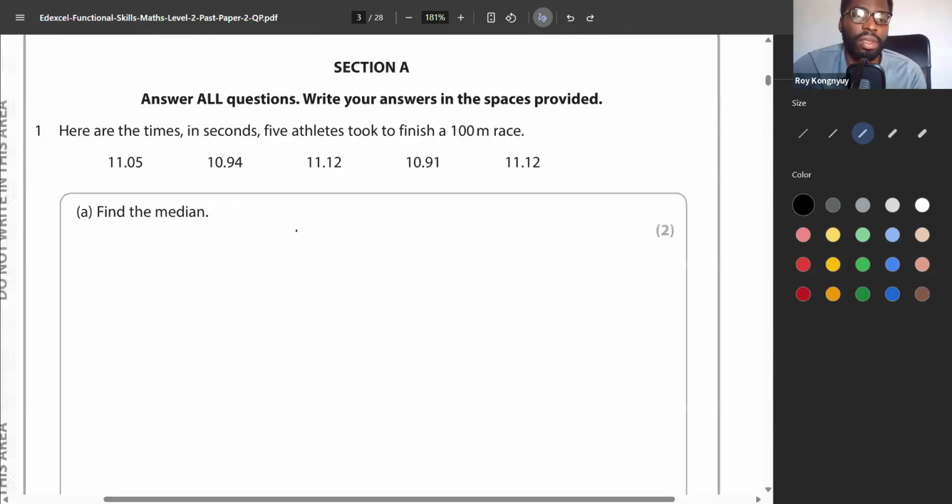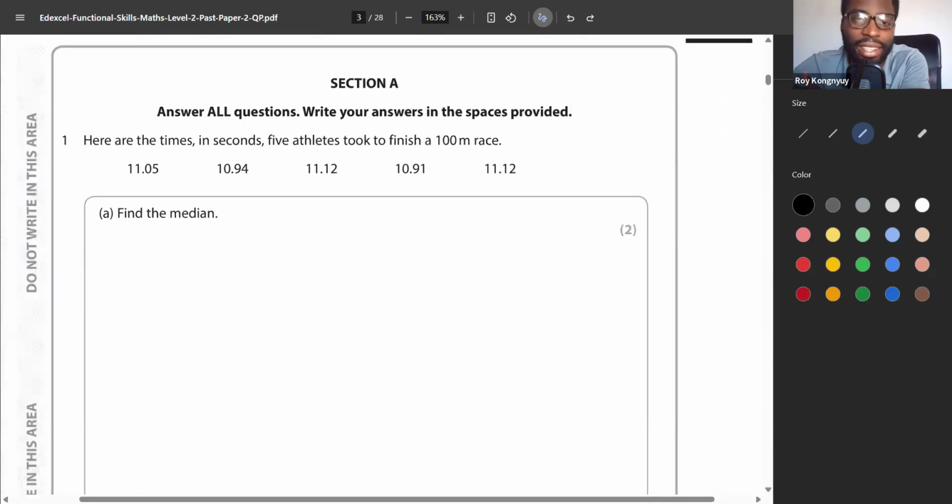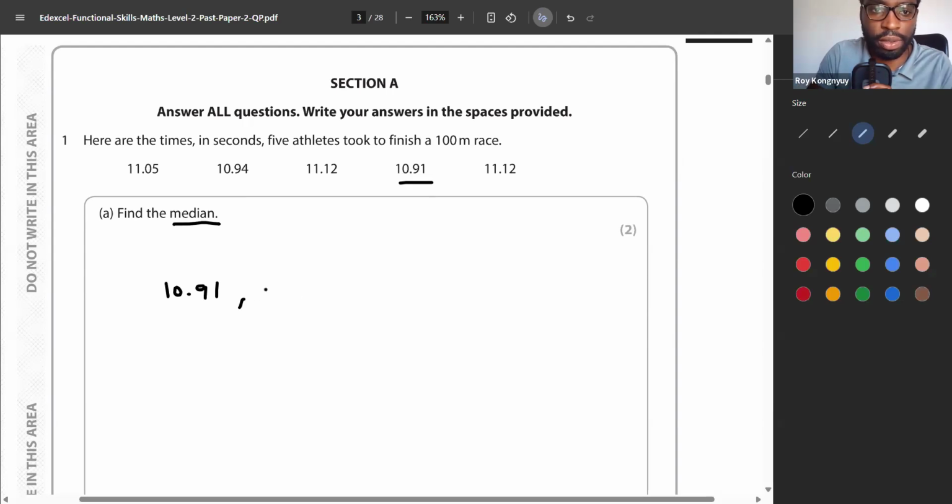Section A. Here are the times in seconds 5 athletes took to finish a 100-meter race. Find the median. All right, so remember the median is the middle value when we order everything. So let's order this, smallest to largest. Smallest, followed by this, followed by this, followed by these two.